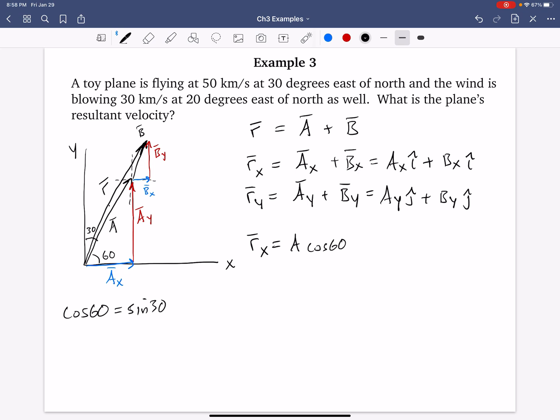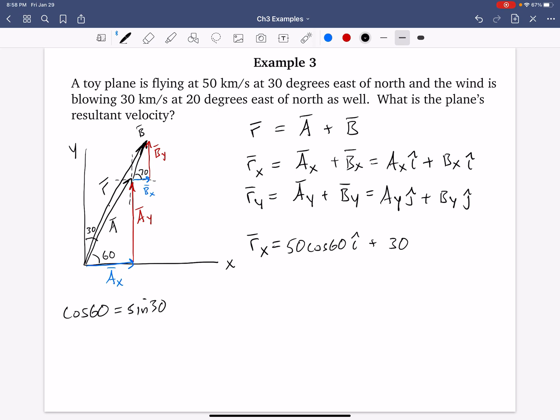Okay. I hat. Now for bx, bx was magnitude of b, which was 30. Whoops, I actually didn't put in a. That was 50. Sorry about that. 30, and then bx. Oh, this angle, what was this? Well, like before, 20 degrees east of north means that that angle there was 70.